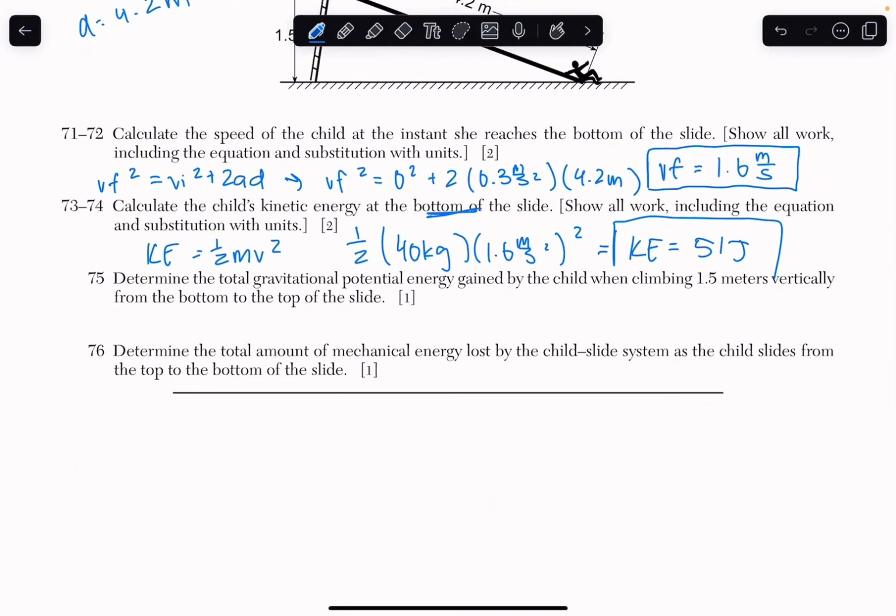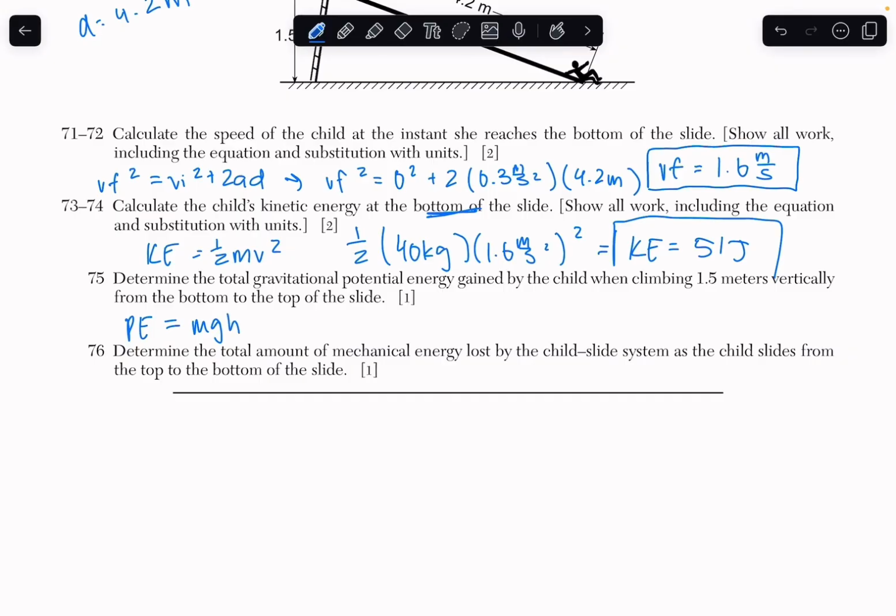Determine the total gravitational potential energy gained by the child when climbing 1.5 meters vertically from the bottom to the top of the slide. So this is another easy question. We're just going to do the same thing except with the potential energy equation. So PE equals mass times gravity times height.